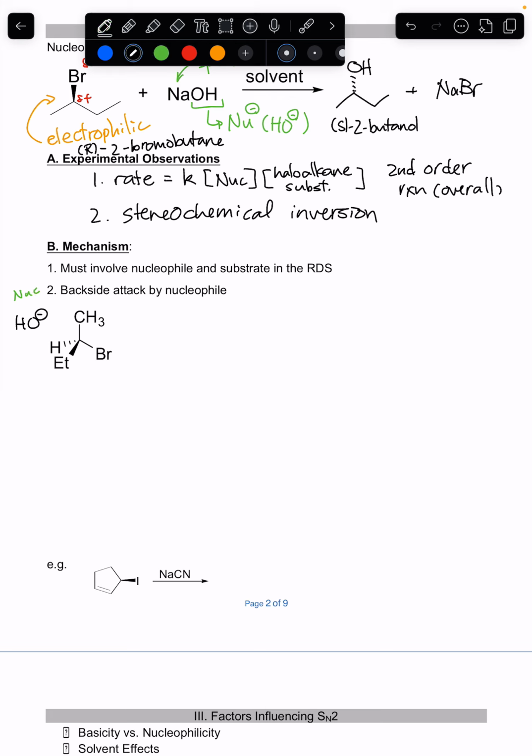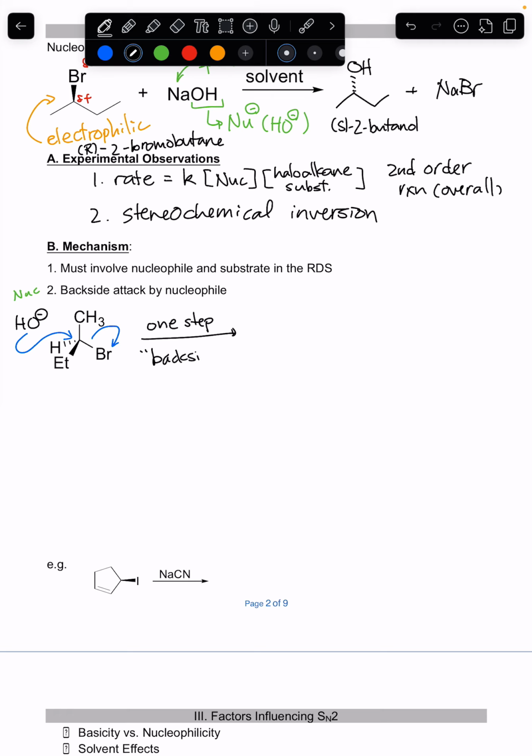And what we mean by the backside attack is here's the nucleophile coming in and attacking at this carbon, and here's the leaving group leaving in one step. That must be the mechanism through the backside attack.